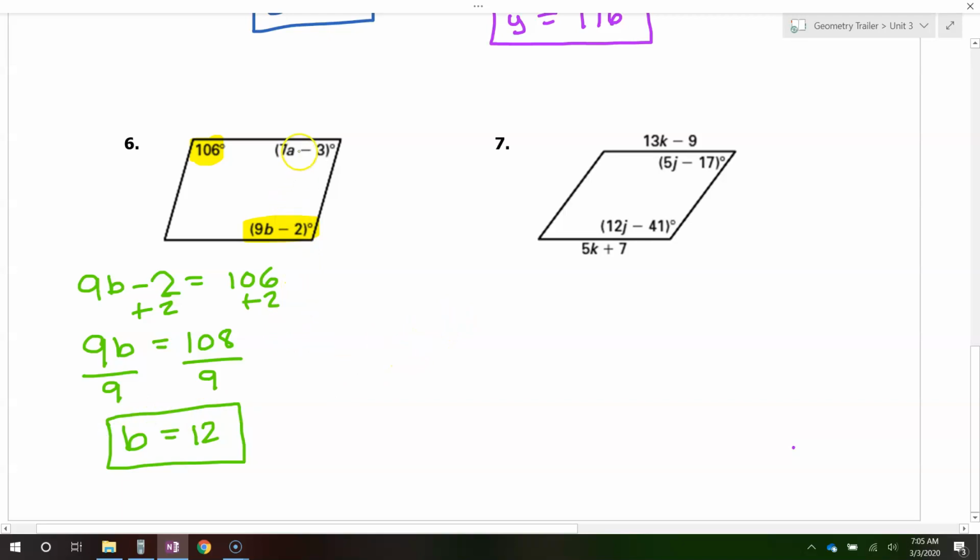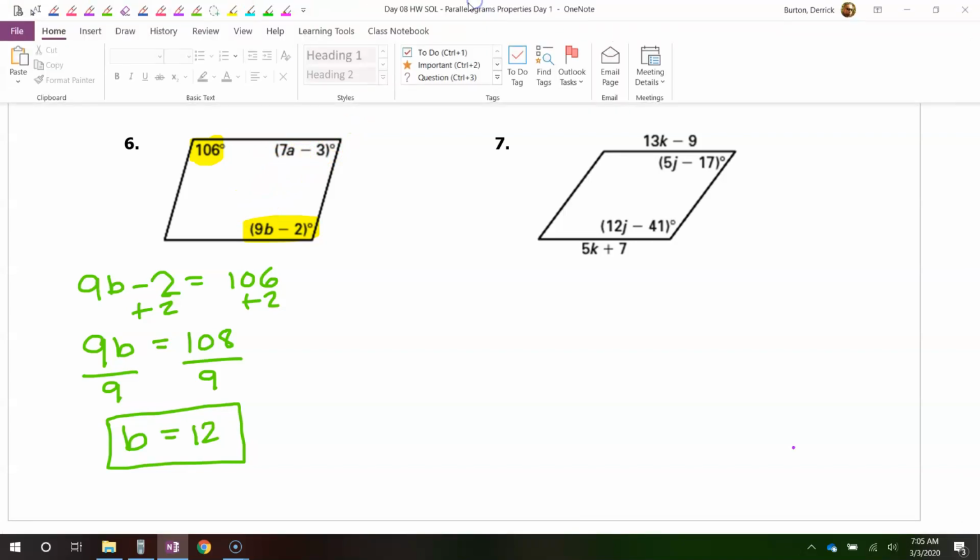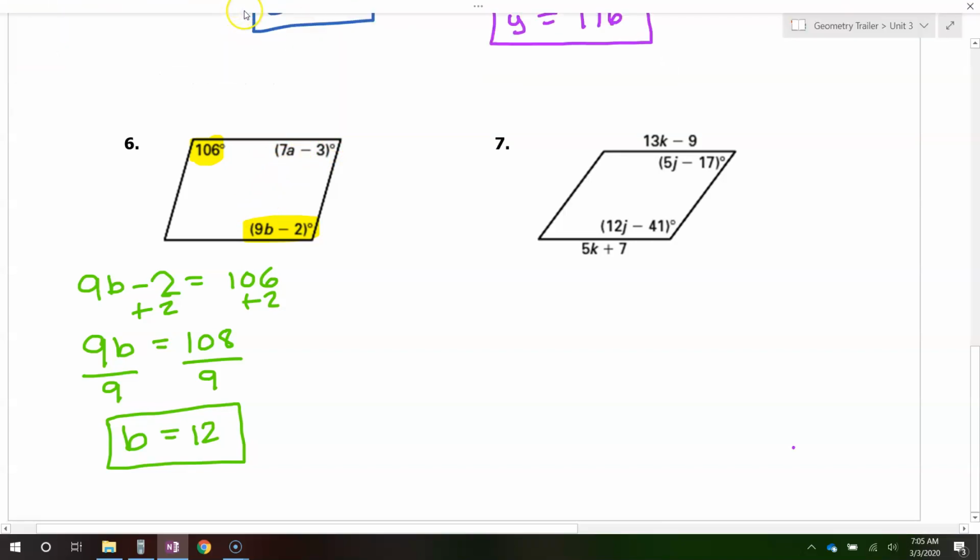All right, now we still need to find the a value. So let's use the fact that consecutive angles are supplementary. All right, so that means that this yellow and blue, they should add up to 180.